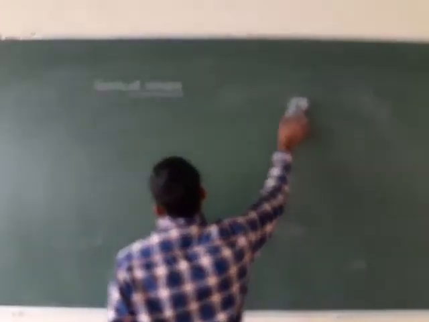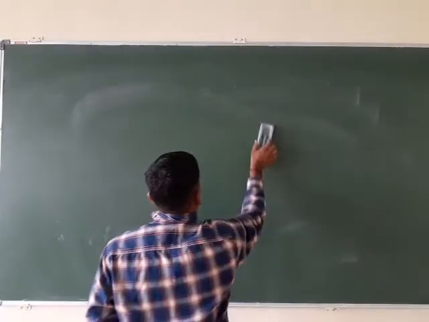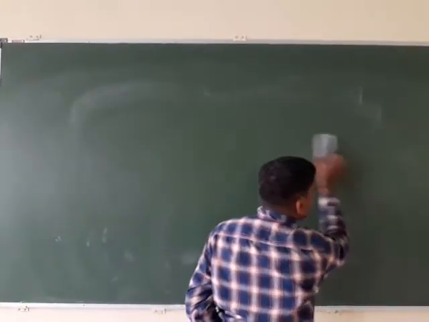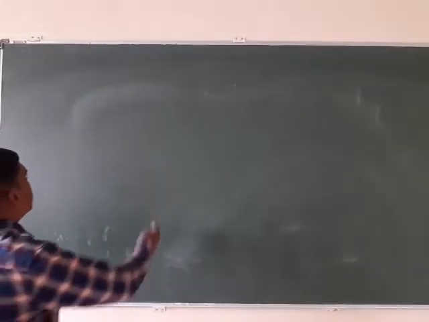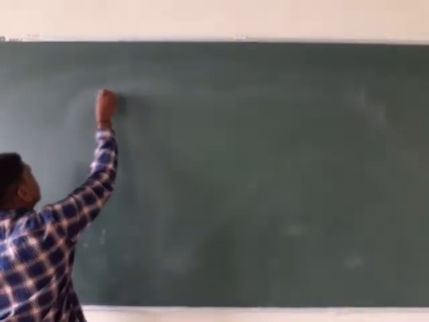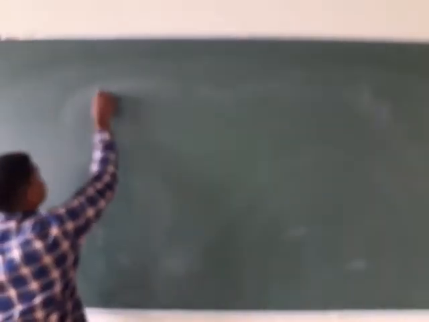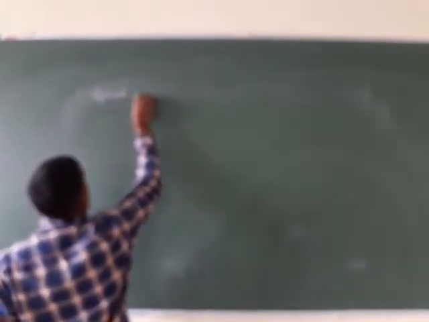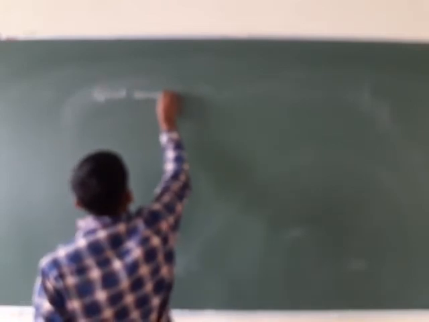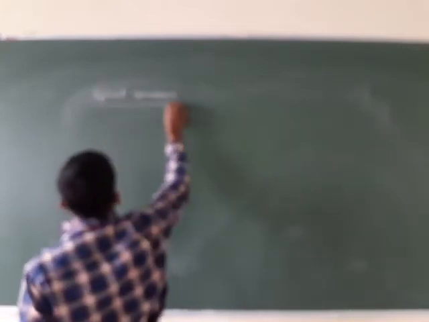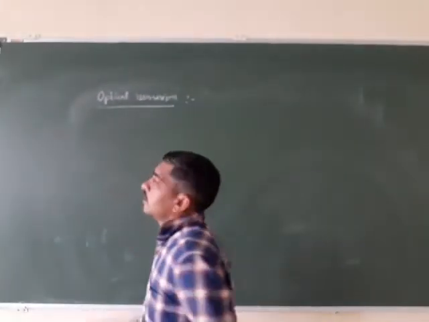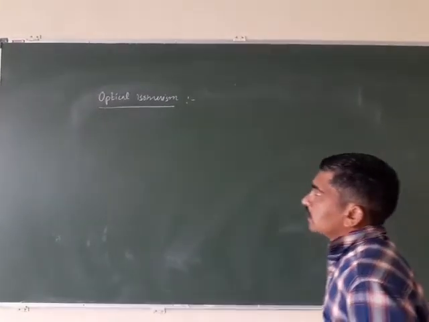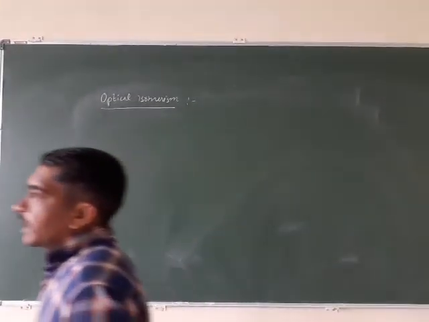Okay, so the next type of stereoisomerism, which is observed in case of octahedral and tetrahedral complexes, is optical isomerism.